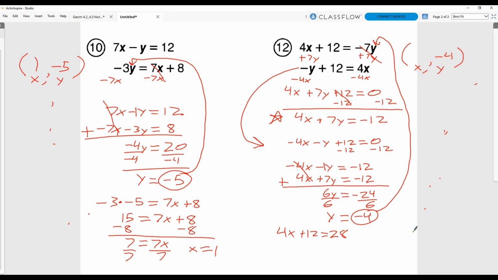Now we just got a two-step equation to solve. So we're going to cancel out 12, and we're going to get 4x is going to be equal to 16. Last step, we're going to divide by 4. So x is actually going to equal 4. All right, so there is our answer for x, and we'll fill that in right there.